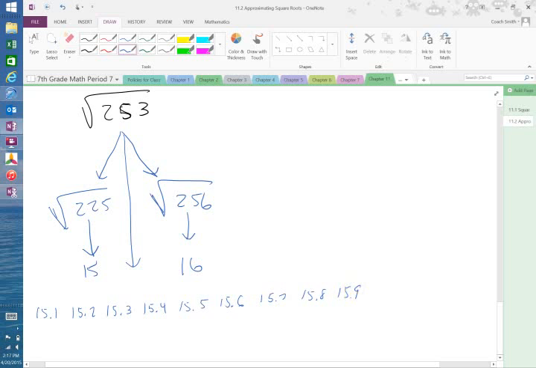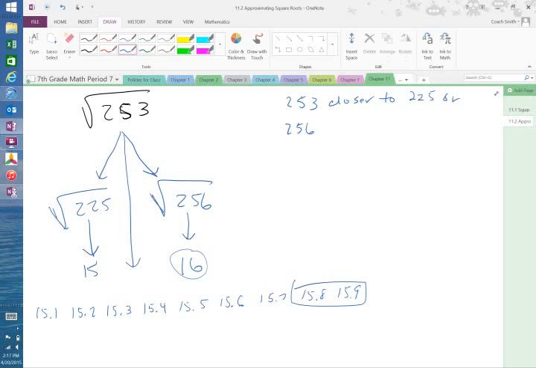Now, is 253 closer to 225 or 256? 256. So 256 is up here by 16. So that means my estimate is probably going to be closer to 15.8, 15.9, because 253 is real close to 256.